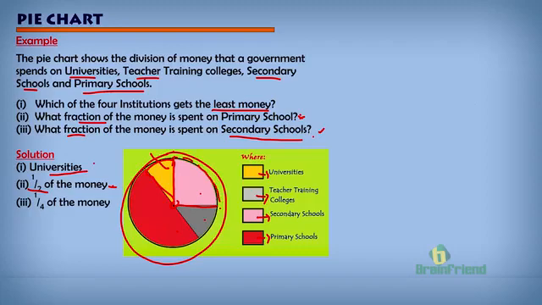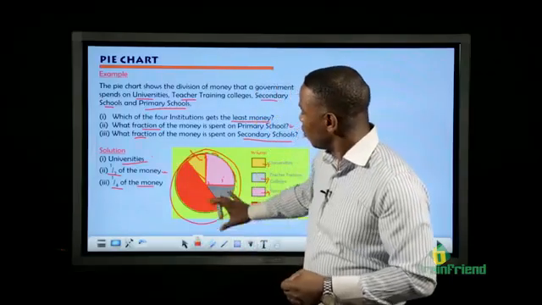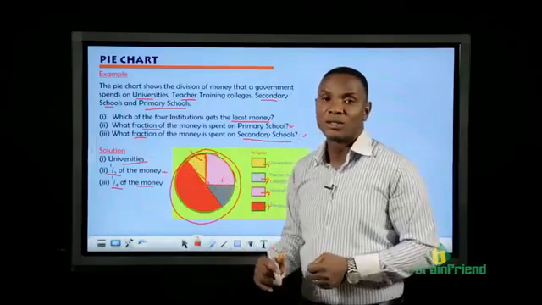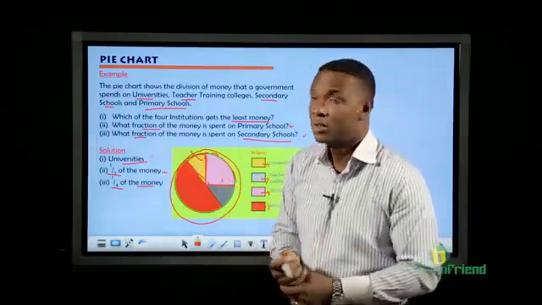Exactly a quarter. That is a half of a half. And there we have a quarter. So it means that a quarter of the money is spent on secondary schools. And that's how we make use of pie charts in presenting data.